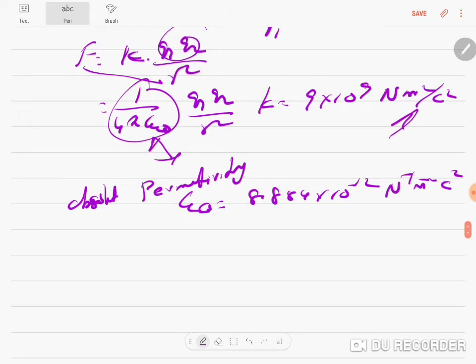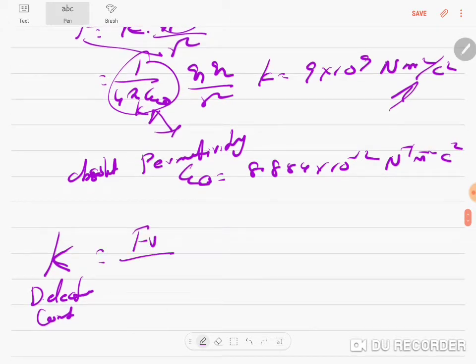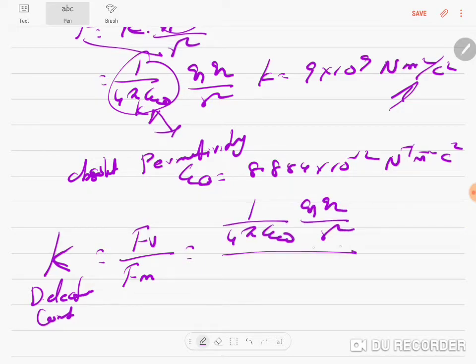So now you have to know that I am going to talk about capital K, which is the dielectric constant. Please don't confuse yourself with the small k constant here, which is 9 into 10 to the power 9. This is totally different; it is force in vacuum by force in medium. Force in vacuum is 1 by 4 pi epsilon naught into q1 q2 by r square. The same charges at the same distance when placed in a medium will have force epsilon into q1 q2 by r square.